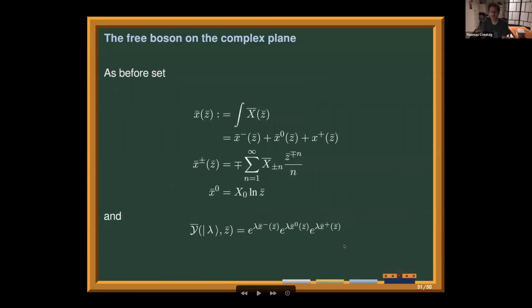In particular, we also define as before an antiderivative of the free boson field, and the formulas are exactly the same as before, just that there's a bar put before. And then once one has defined the antiderivative, one can define the normally ordered version of its exponential, which is the good field for the free boson vertex algebra. So this slide is nothing but a repetition, putting bars everywhere.